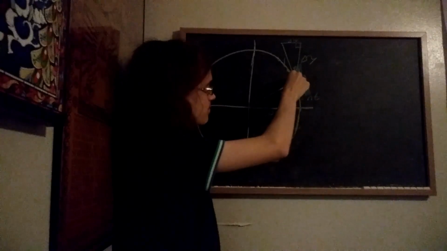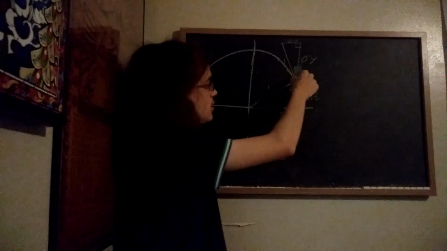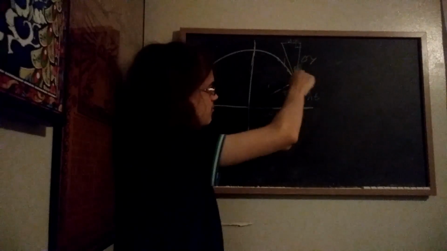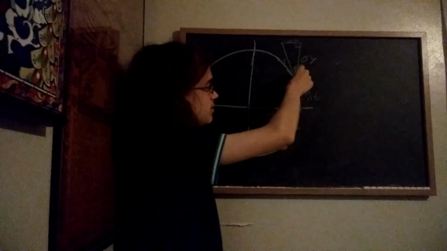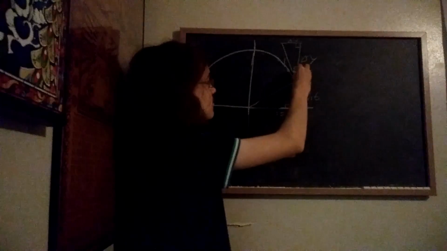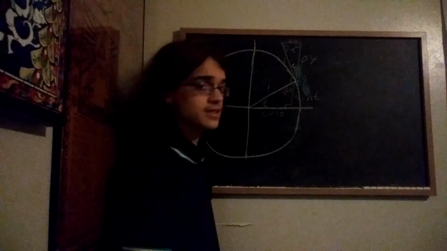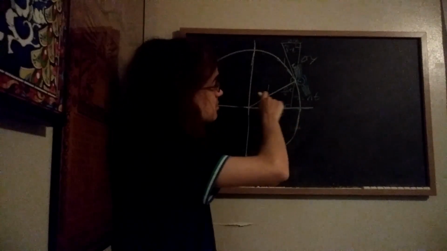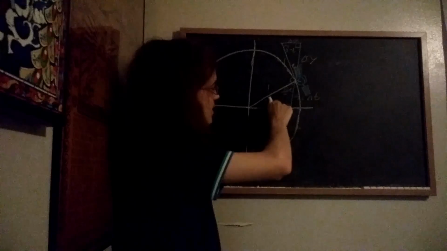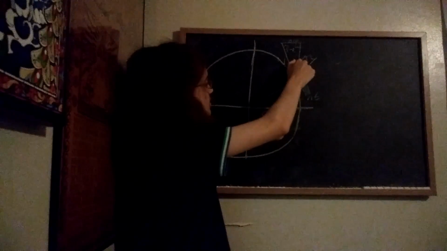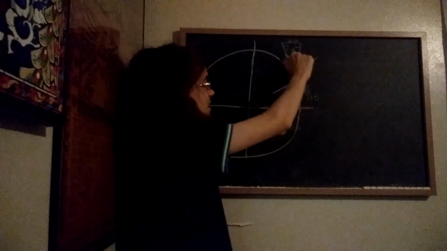And because this is the complement of t, this is pi over 2, and the angle that these two verticals make is pi, so this angle has to be t. And so this angle is pi over 2 minus t. And we can see that these two triangles are congruent because of angle, side, angle.